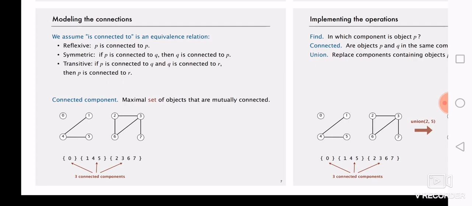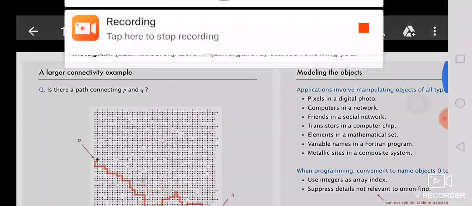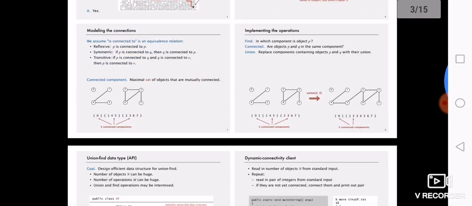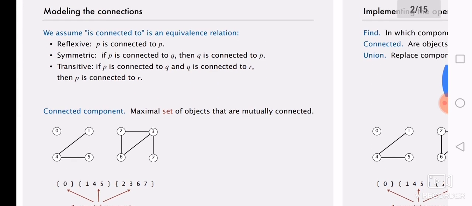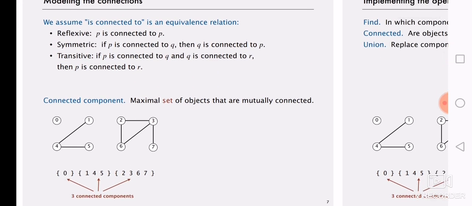How to model the connections. We assume "is connected to" is an equivalence relation.